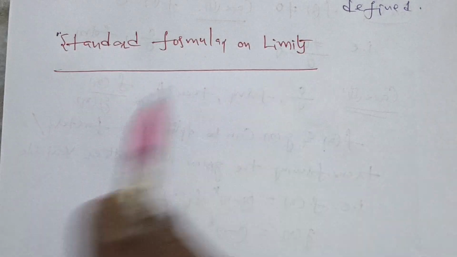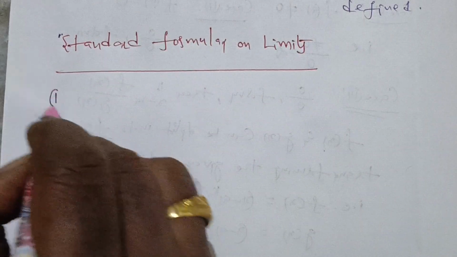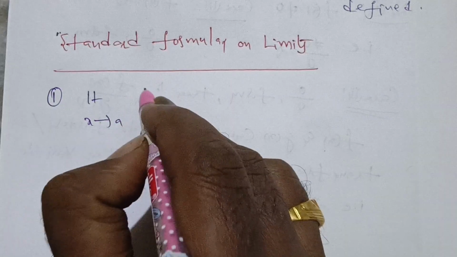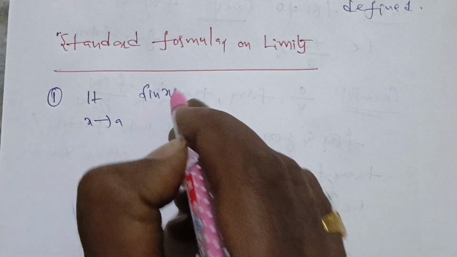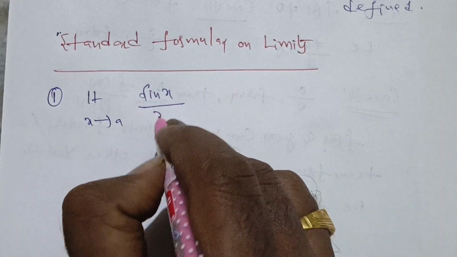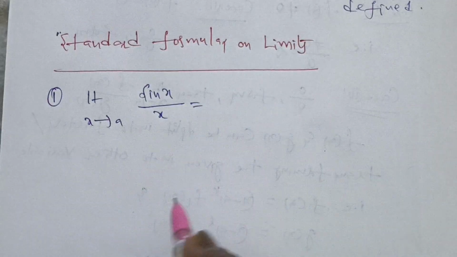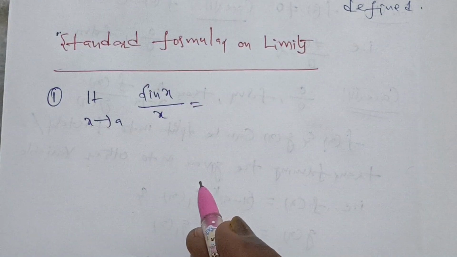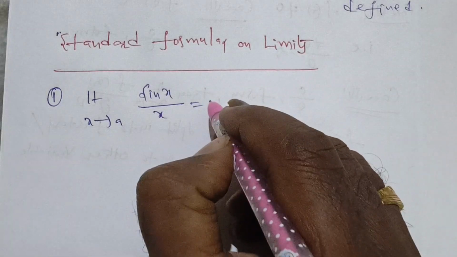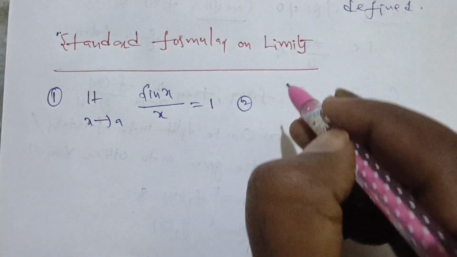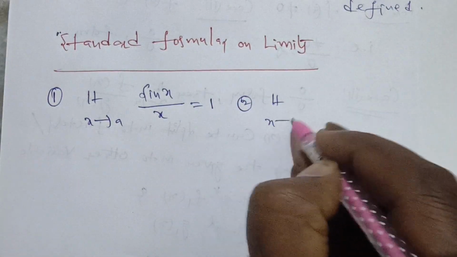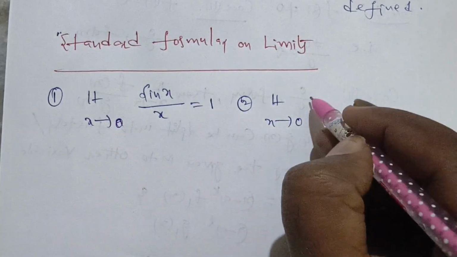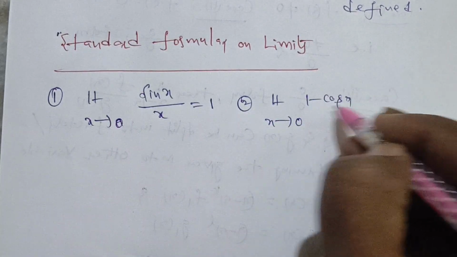Coming to some standard formulas and limits. First standard formula is on trigonometric functions. Limit x approaches 0 of sin x by x is equal to 1.